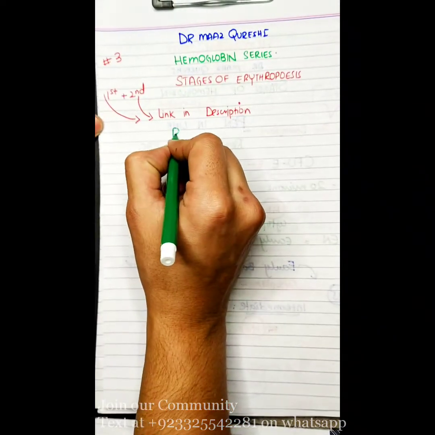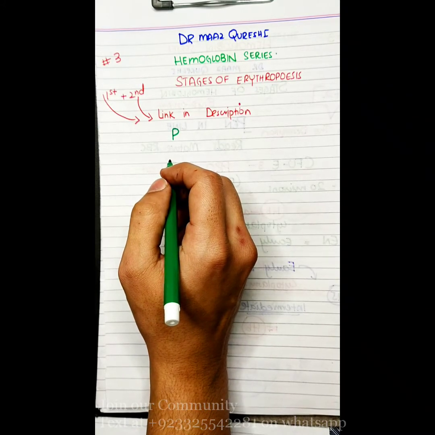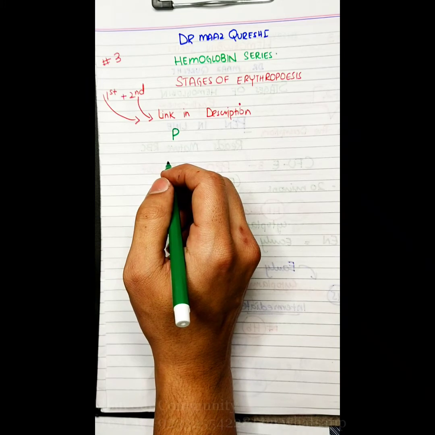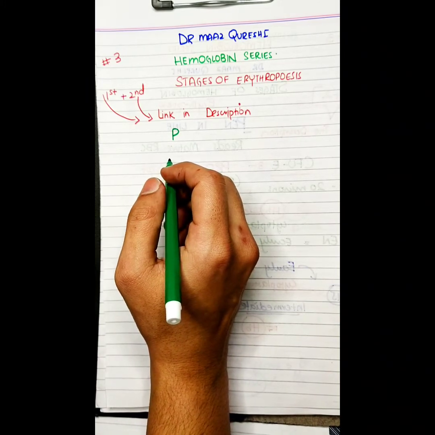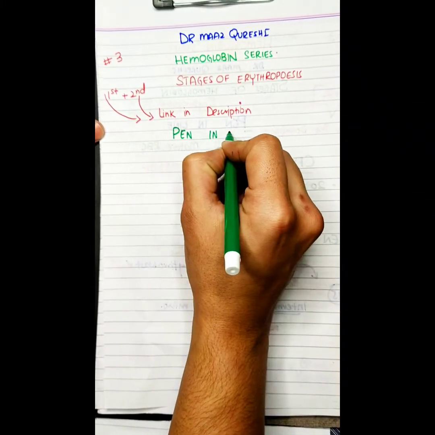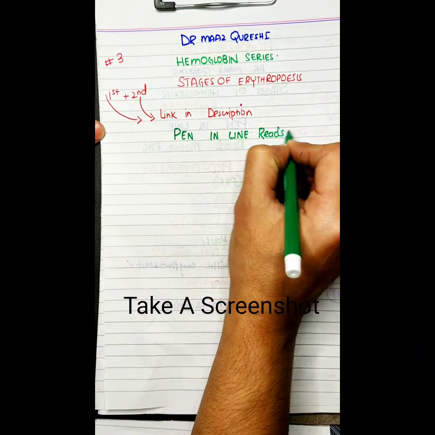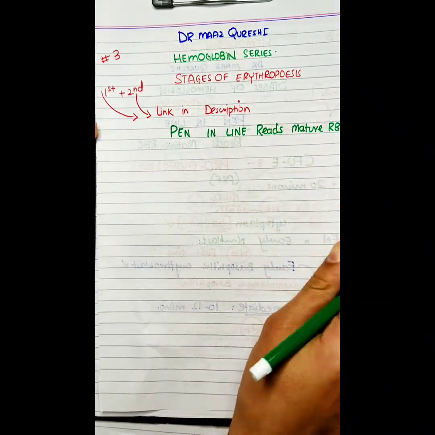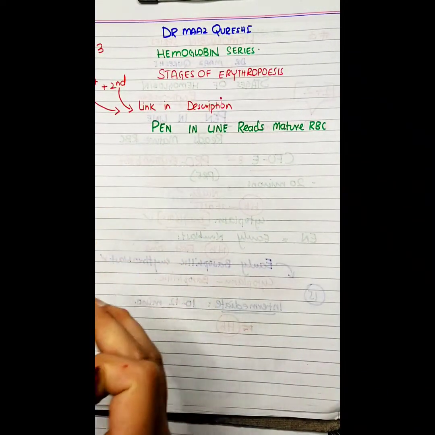So I have made a mnemonic for you guys, which is really cute and will help you in getting through your exams. So it is pen in line reads mature RBC. I have always loved a mnemonic which has the main theme in it.